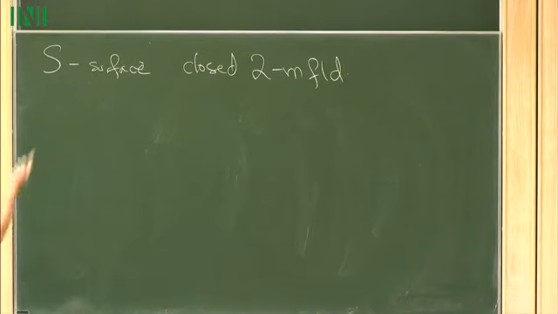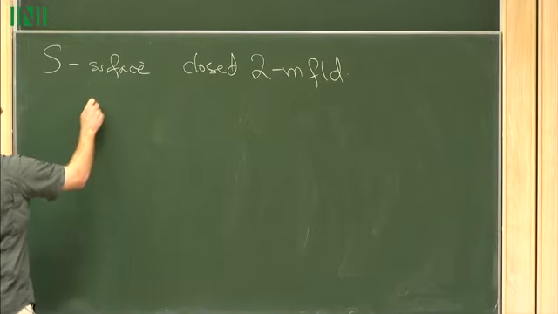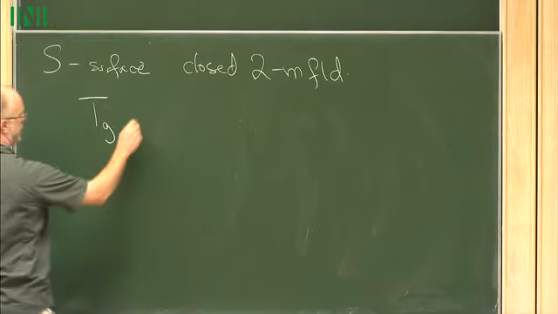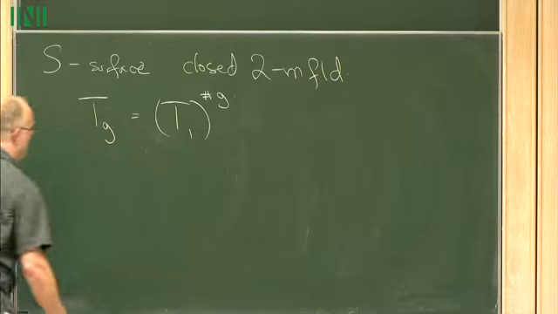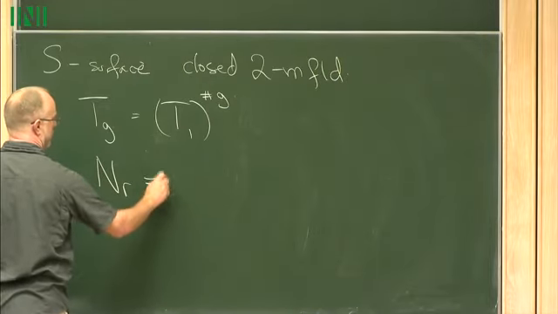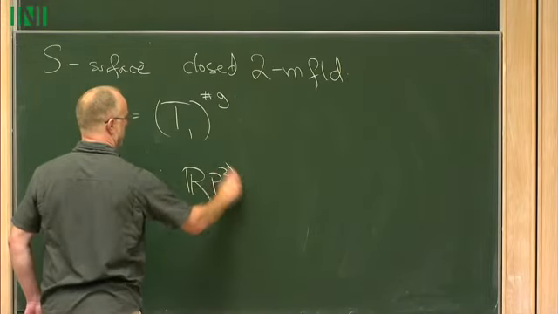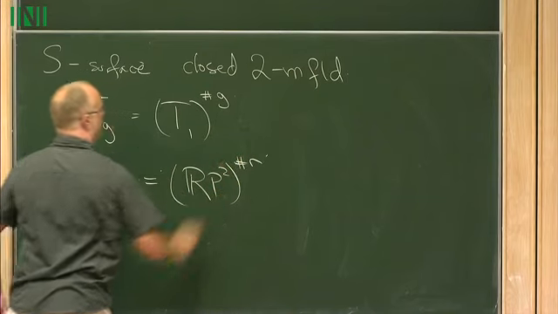okay, so we all learn about these in our very introductory topology courses. So what are they? So we have the T_g, and we have N_r. And that's all of them.